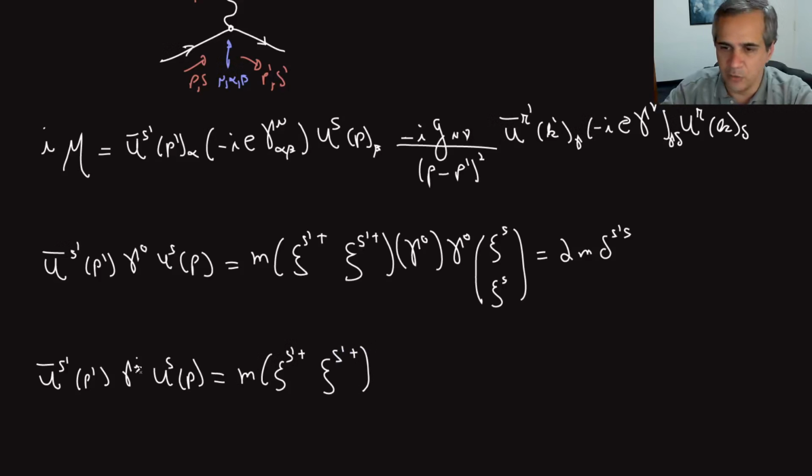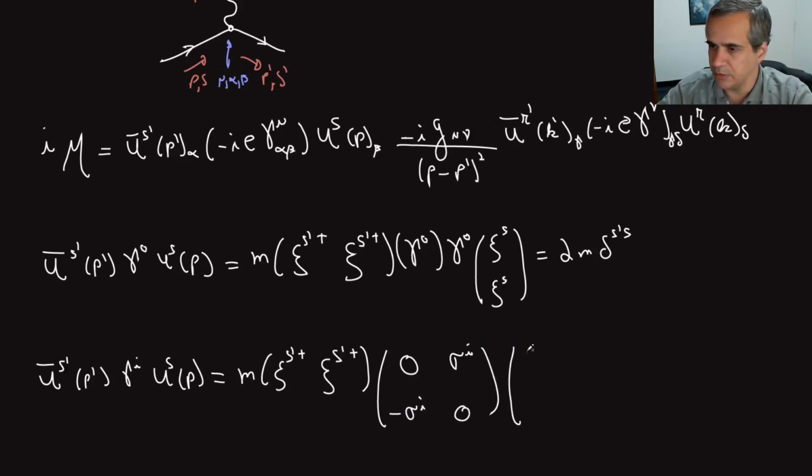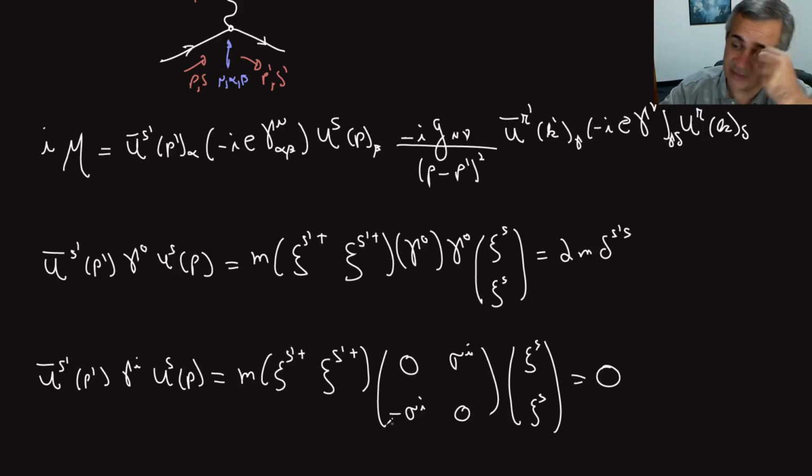And then if I use the conventions for gamma i in the representation I choose for the gamma matrices and multiply it by gamma 0, what will appear here is the matrix with 0, Pauli matrix sigma i, minus sigma i, 0, times psi of S, psi of S. And this minus sign here guarantees that this is 0, because I have the same expression twice with a minus sign between them.